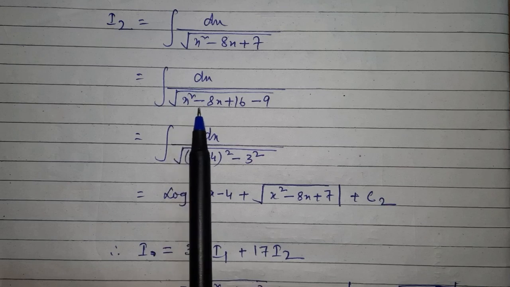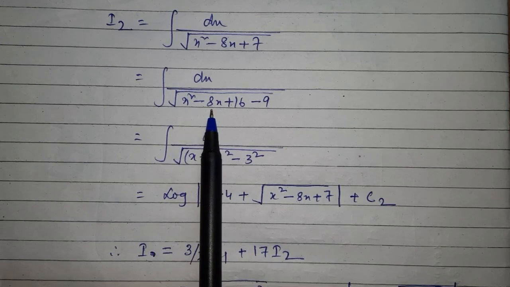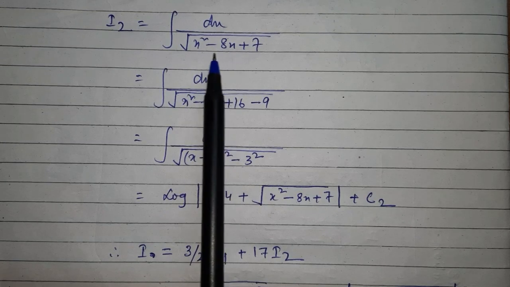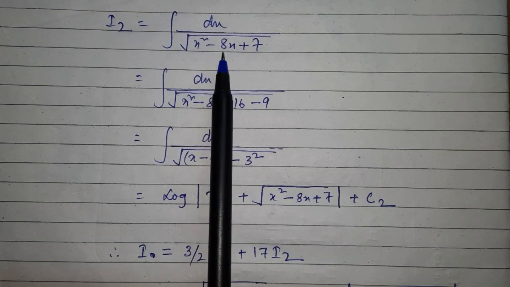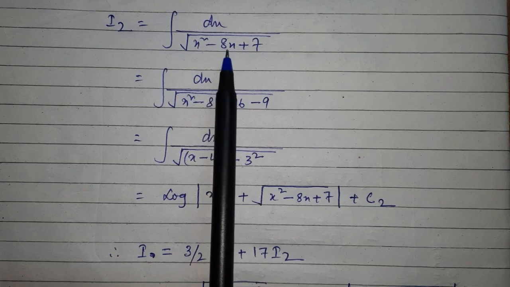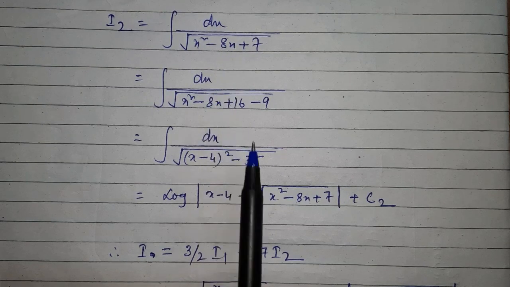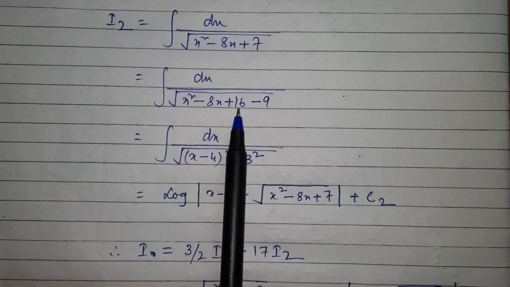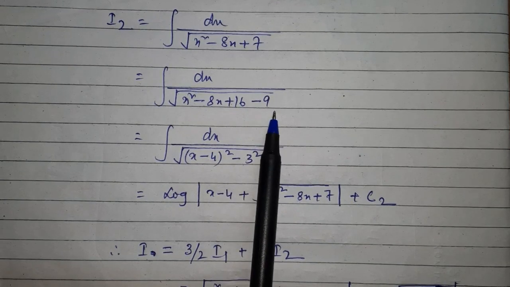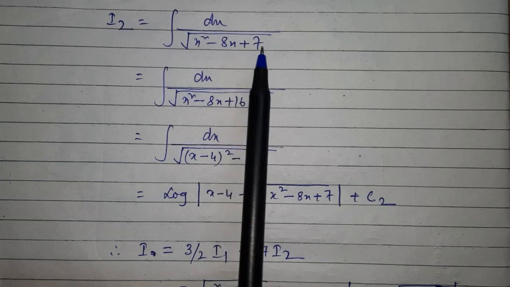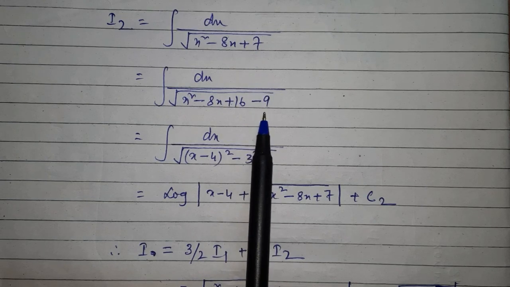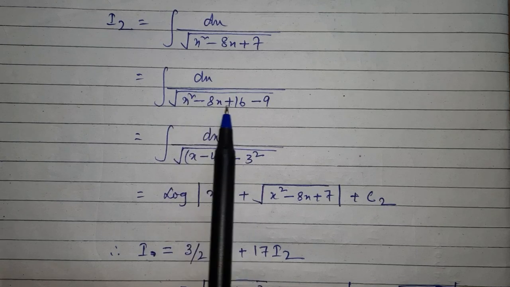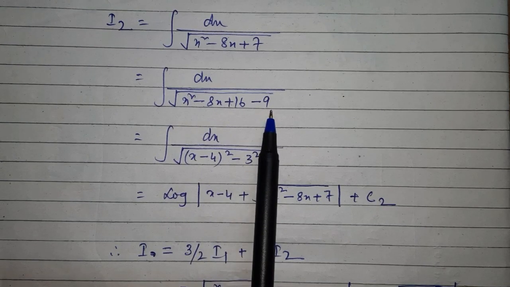For x square minus 8x, 8x means 2 into 4, so we need 4 square, which is 16. So we add 16 and subtract 16 also. Minus 16 plus 7 is minus 9. So it will be root over of x square minus 8x plus 16 minus 9.